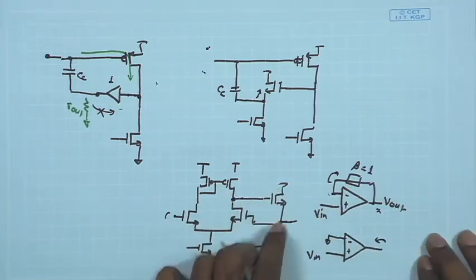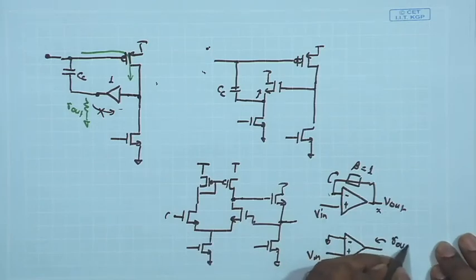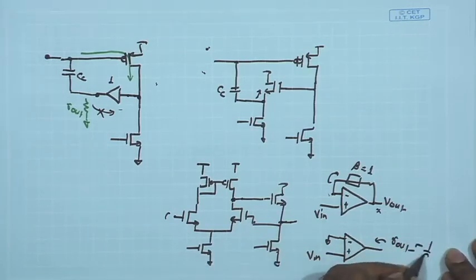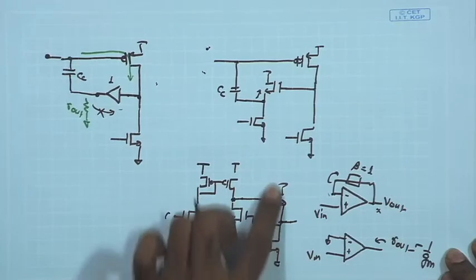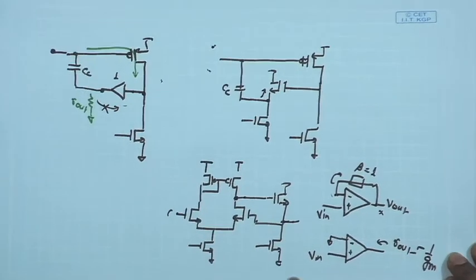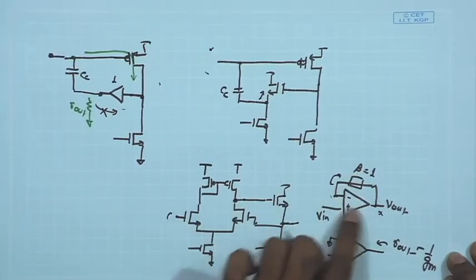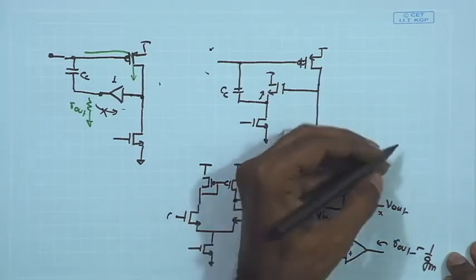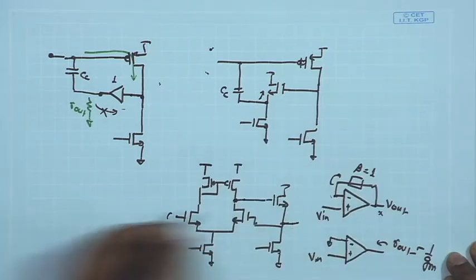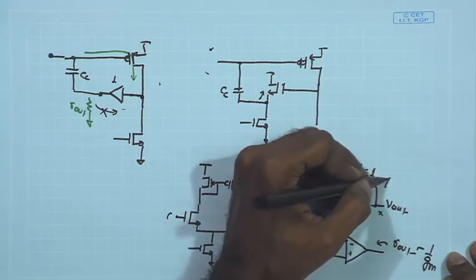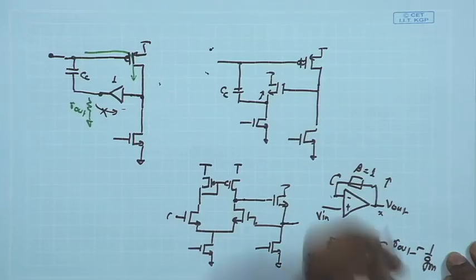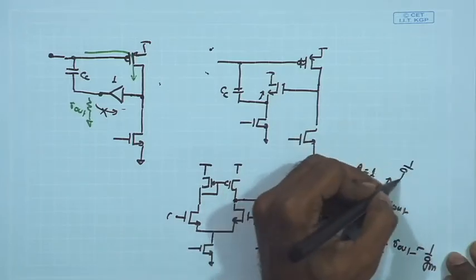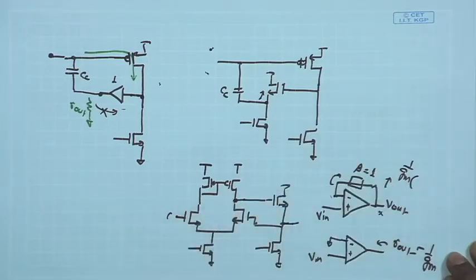If I am applying a common drain, R out becomes approximately equal to 1 upon GM of the second stage, which is the common drain stage, and beta is 1, and whatever is the gain of the overall two stage is our overall open loop gain. Therefore, my closed loop output impedance in this case is going to be the open loop output impedance, which is 1 upon GM, divided by 1 plus A beta.